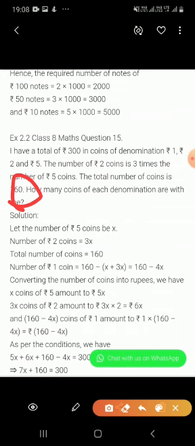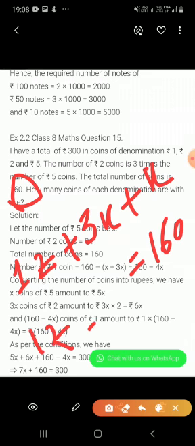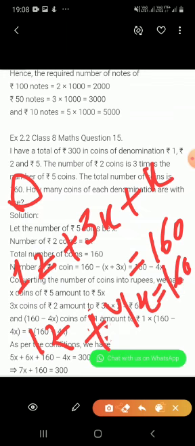So it means the number of 1 rupee coins we don't know, plus 2 rupee coins we know it is 3x, 5 rupee coins it is x, and total it is making 160. So 3x plus x, that is making 4x, plus 4x equal to 160.